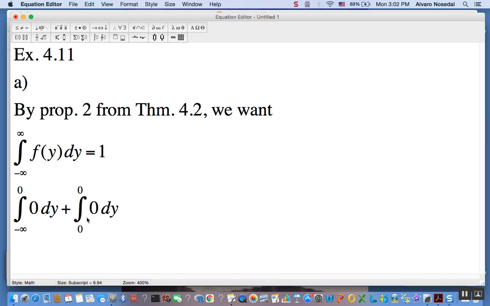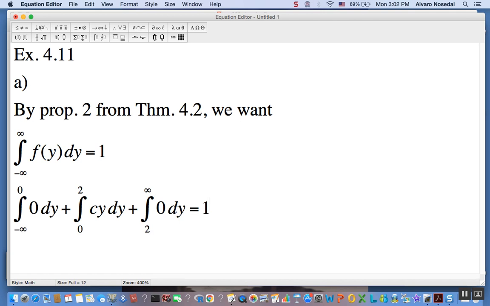So it's going to be between 0 and 2, we have c times y, and then for this one, between 2 and infinity, we have 0 again.